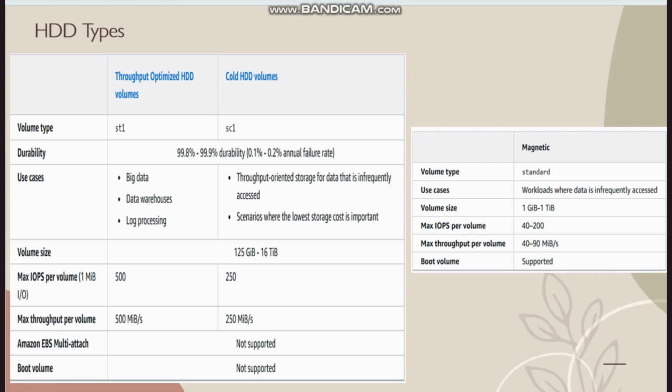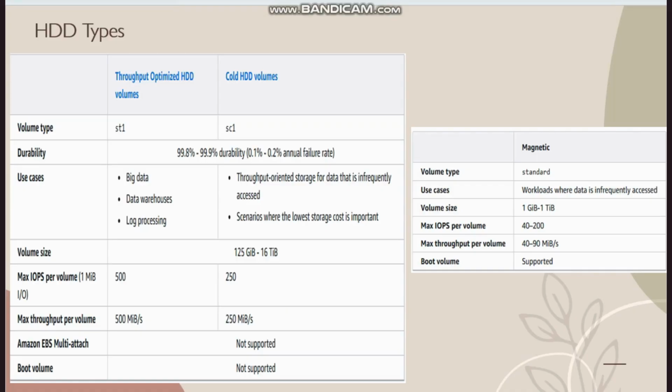The throughput optimized HDD volume is ST1, and the cold HDD volume is SC1. Both provide the same durability as GP2, GP3 and IO1.